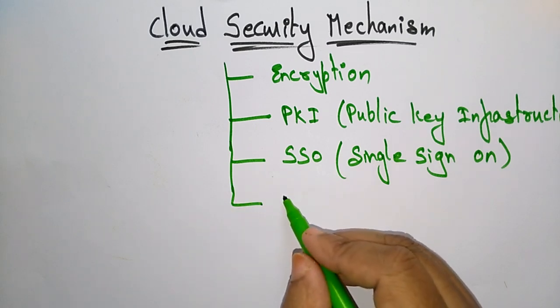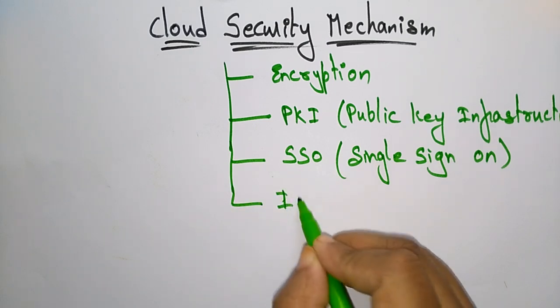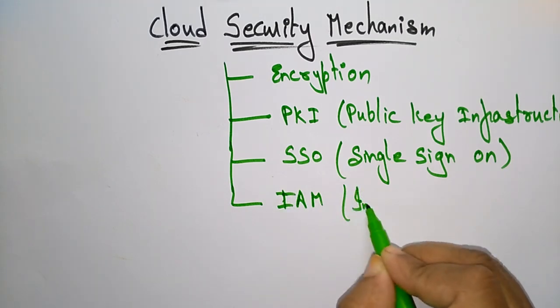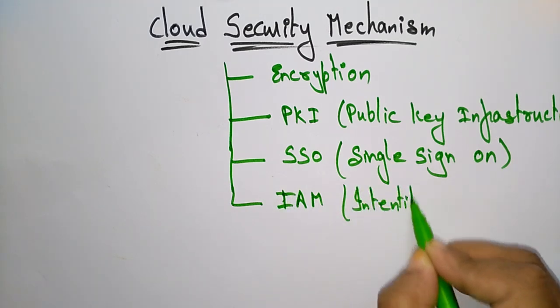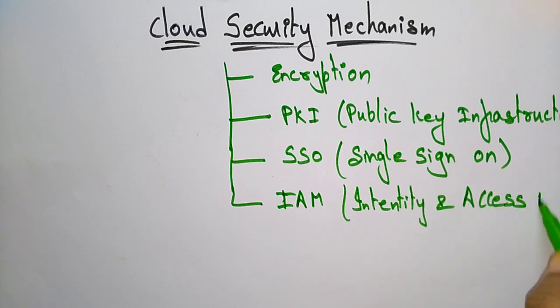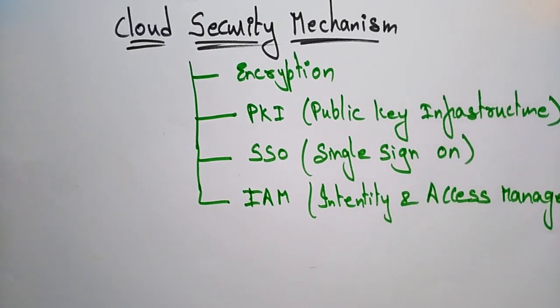And the next mechanism was IAM. So this is I for identity and A for access, M for management. Identity and access management. So these are the different types of cloud security mechanisms.